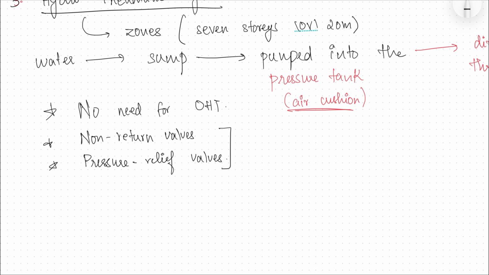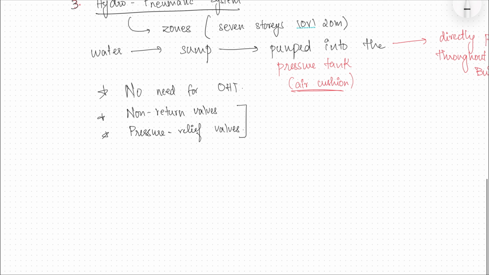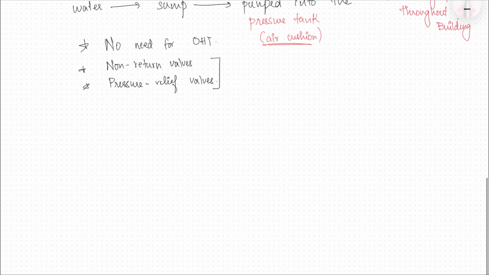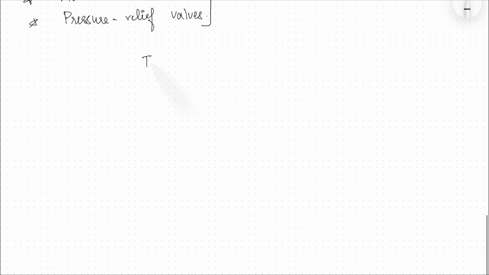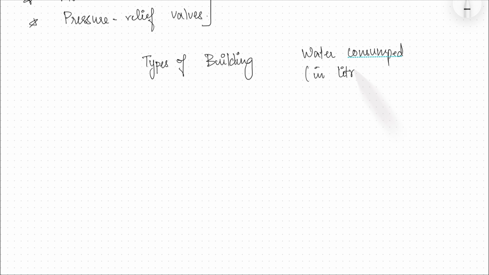And now that we talked about the different types of water tanks and systems, let's talk about the consumption of water per day per head in different spaces. Water consumed in liters per day per head.